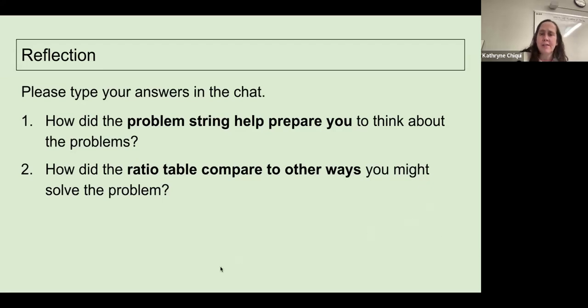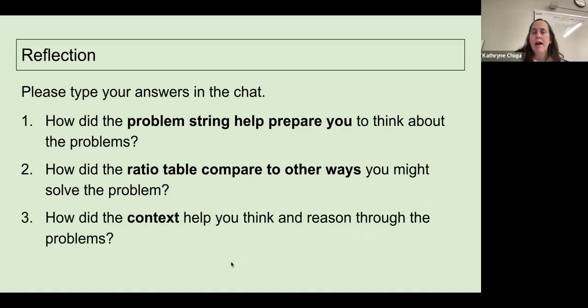All right, final question. How did the context help you think and reason through this problem? So remember that this was with the worksheet, you were working with packs of gum.